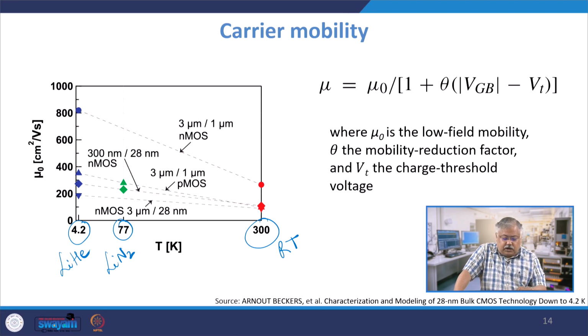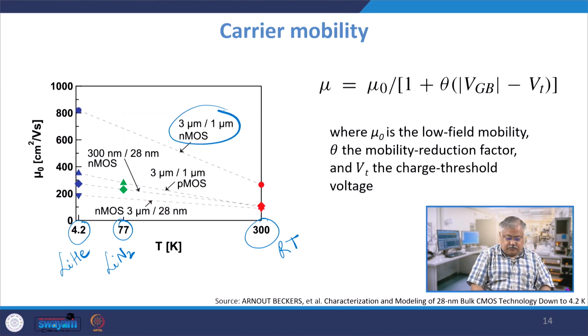The author has plotted the variation of the mobility with respect to temperature from 4.2 to 300 Kelvin for various types of devices and various aspect ratios. For example, the first one is a 3 micron by 1 micron NMOS device, and then you have a 3 micron by 1 micron PMOS device. You can compare the two.